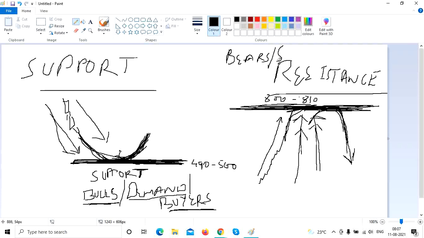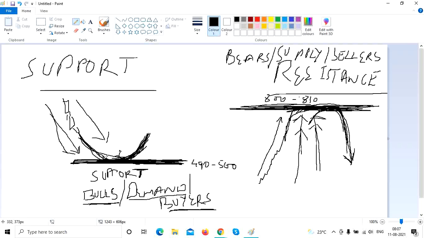This is also called a supply zone, or a selling zone, where sellers become active and the price makes a U-turn from this level.